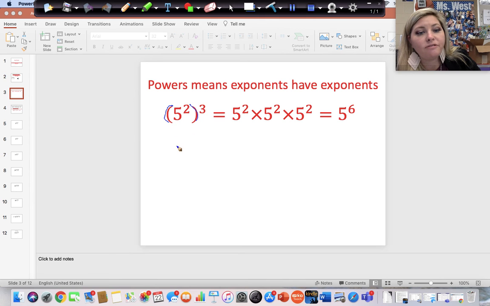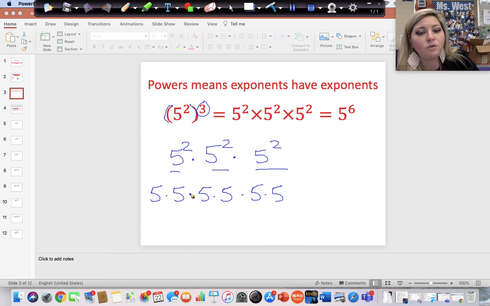So if we've got 5 squared and it's to the 3rd power, that means we need to have 3 5 squareds. And if we wrote each one of these out, 5 squared is 5 times 5. This 5 squared is 5 times 5. And this 5 squared is 5 times 5. And if you count all of our 5s, we have 1, 2, 3, 4, 5, and 6. So this would be 5 to the 6th power.